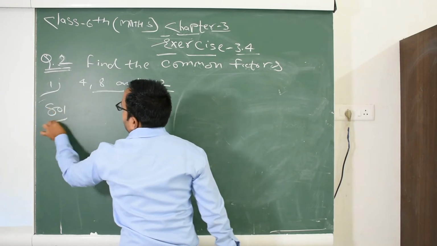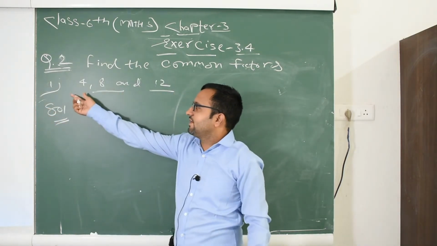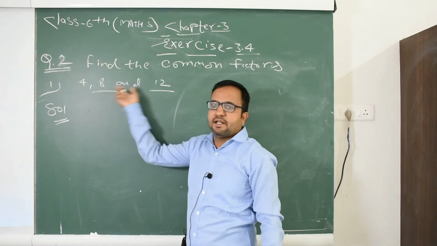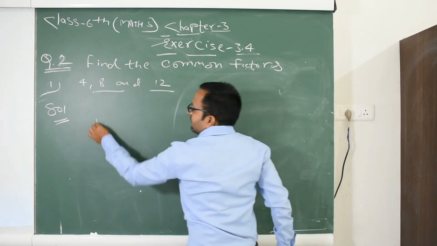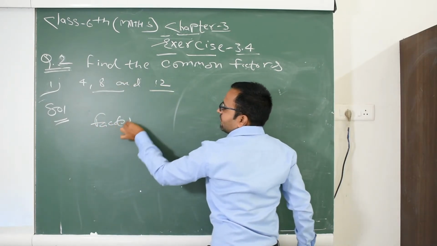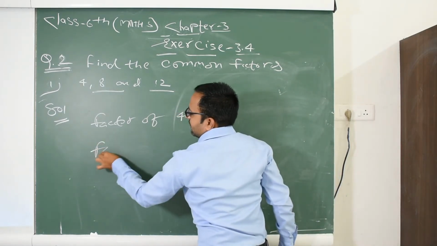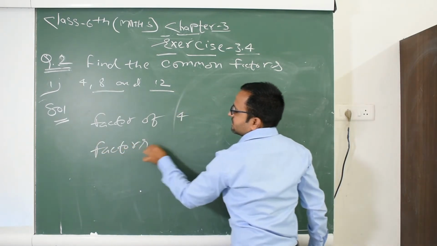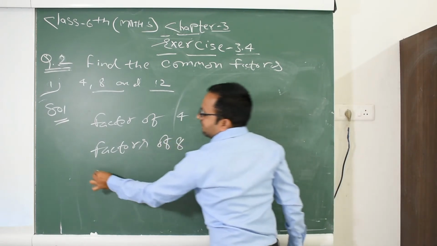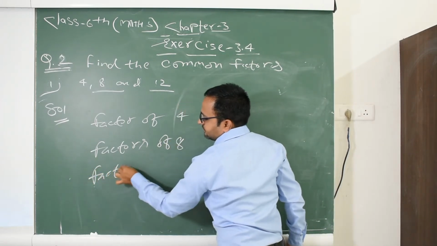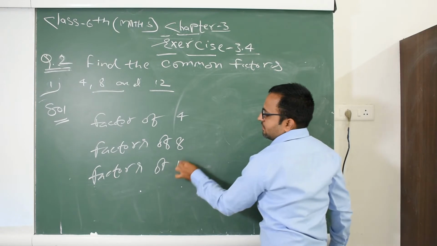Now first we find the common factors of 4, 8 and 12. Separately we find the factors of 4, factors of 8 and factors of 12.